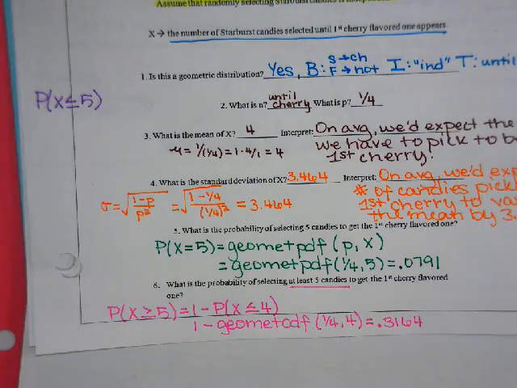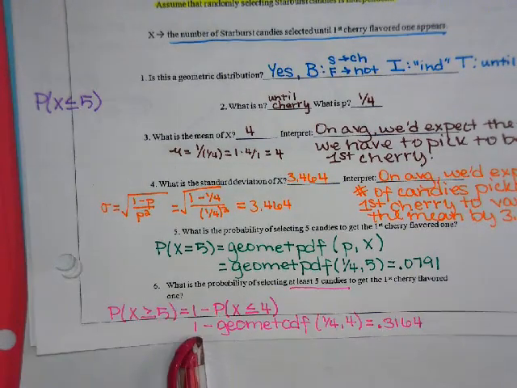You need to put 4 in for X. And then you have to subtract from 1: 1 minus your answer.